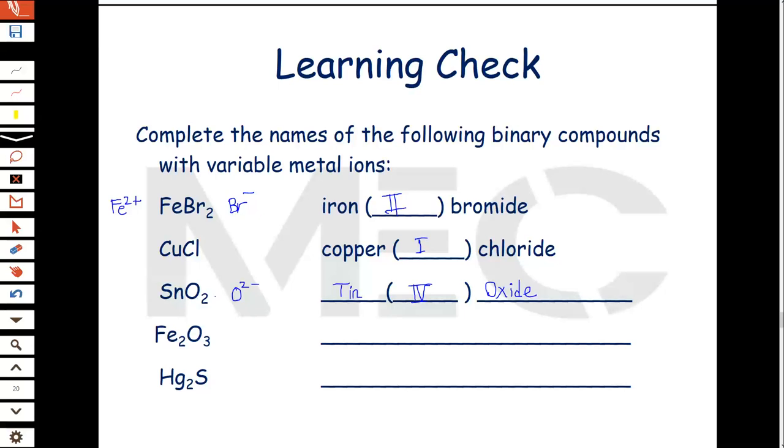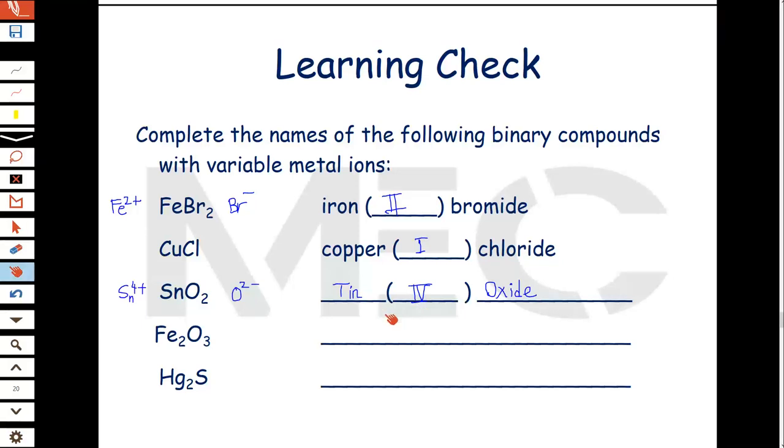Sometimes it will form a -1, which we will cover in other grades in chemistry. Okay, so here we understand that tin must have a 4 positive charge, so it is tin 4 oxide here.